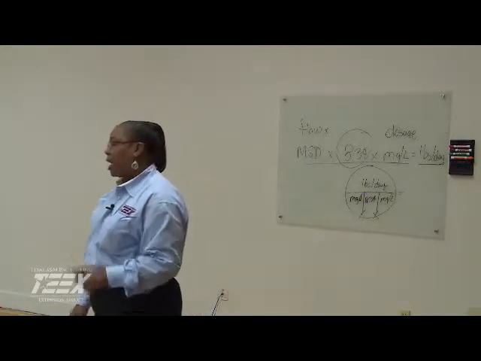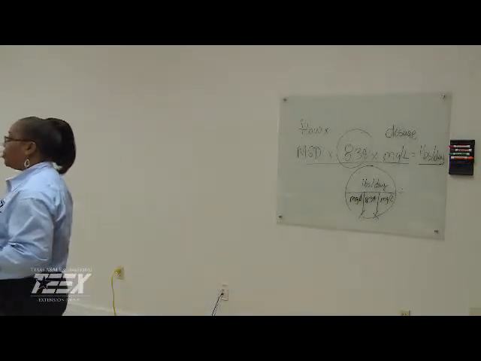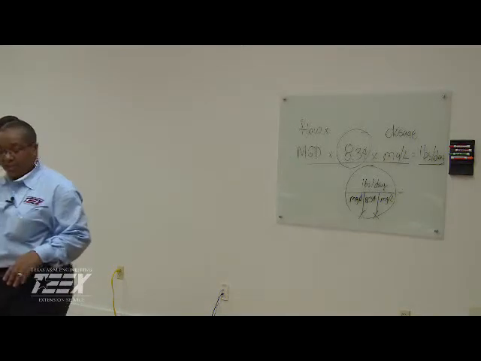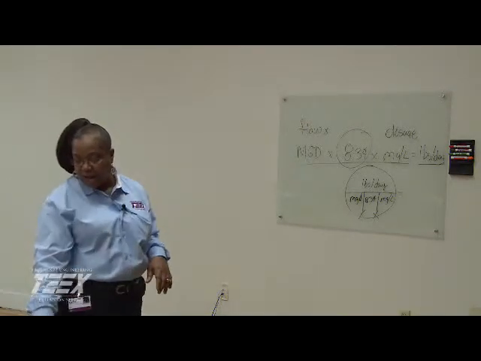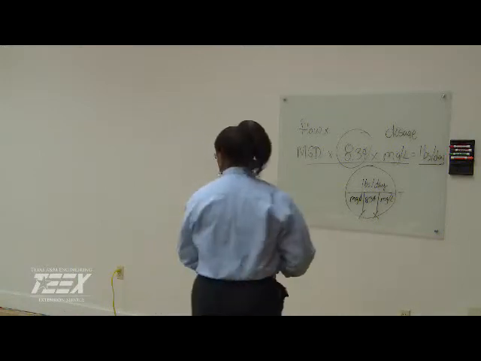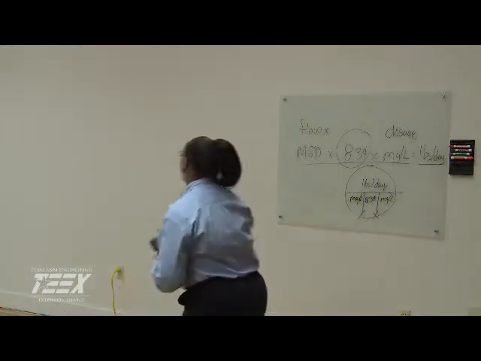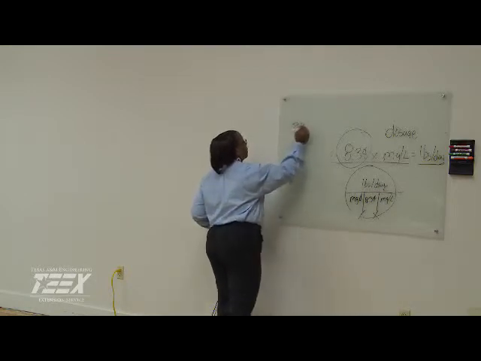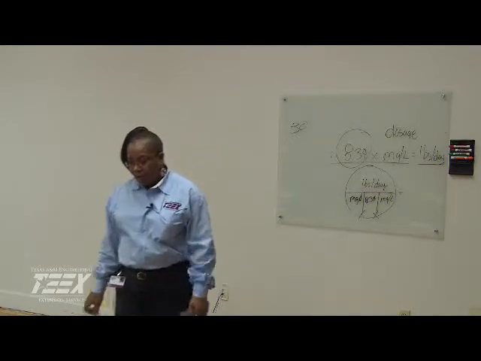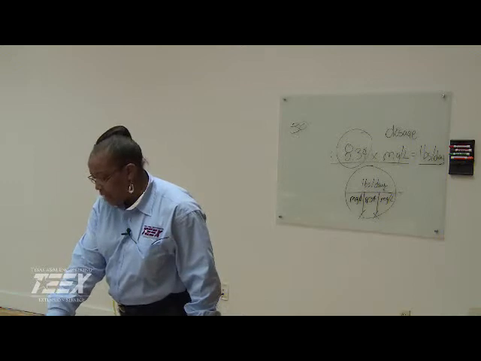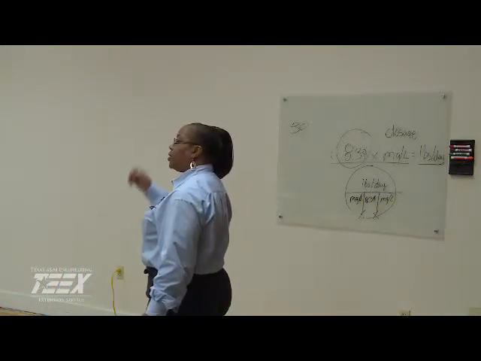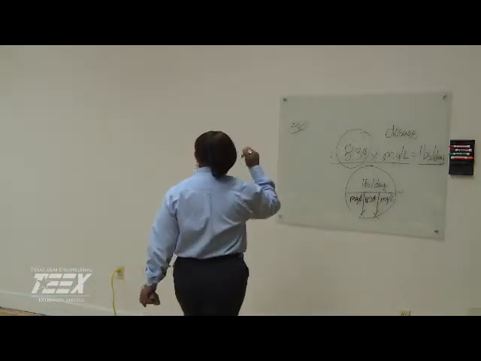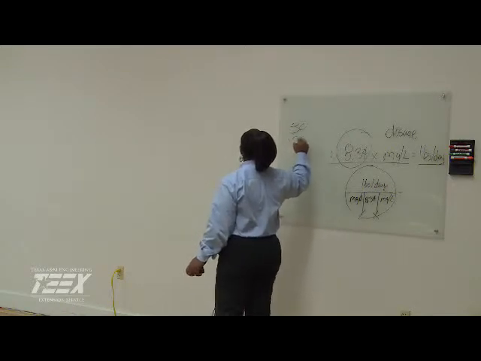So, from midnight to 6, how many hours is that? 6 hours. So 5 times 6 is 30. From 6 to 10 is how many hours? 30 times 4? 120.